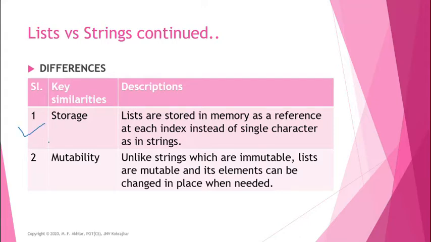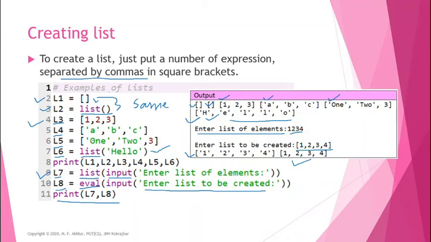Differences in storage. Storage means when we create lists and when we create strings, there is a difference in storing these values in the memory. We know that a string stores each character in its own memory location and gives an index number for each character. In a list, we can have any type of data: numbers, characters, or mixed type.